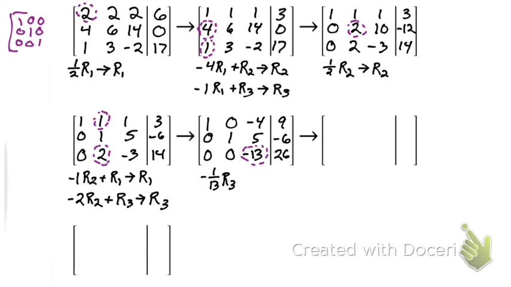And since that's row 3, negative 1 over 13 times row 3 is going to become my new row 3. So I'm now going to have 1, 0, negative 4, 9, and 0, 1, 5, negative 6. And I will have 0, 0, negative 1 over 13 times a negative 13 is just 1. And then 26 times negative 1 over 13 is actually going to be a negative 2.